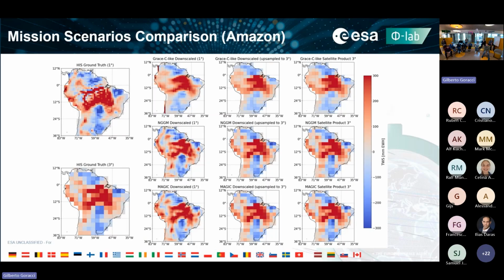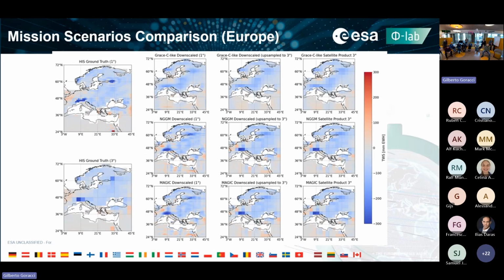So this is the situation for Amazon. Here you can see that the same applies also to this region. The data coming from GRACE is poorer, and the downscaled product also has a worse quality. In Europe, you can see mainly that in the Alps and at the beginning of Scandinavia, there is a very strong signal that is reproduced in MAGIC and NGGM, but not in GRACE, even in the downscaled product.